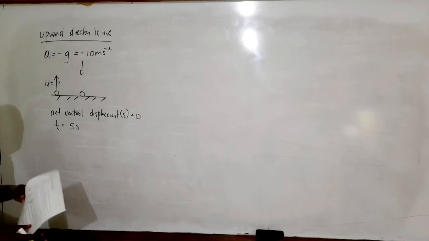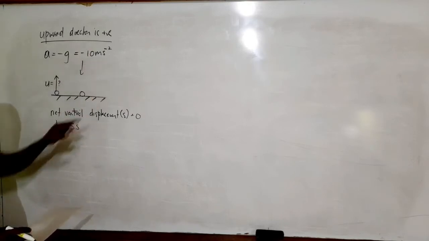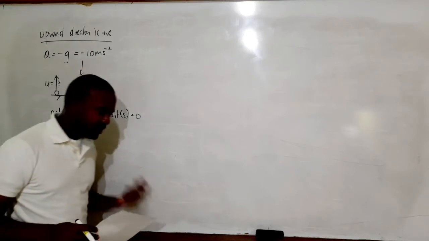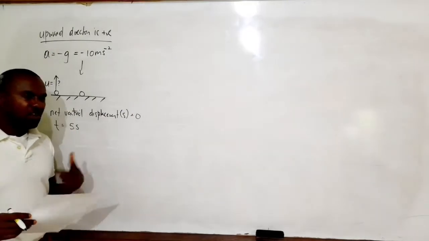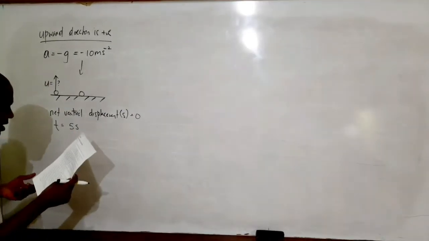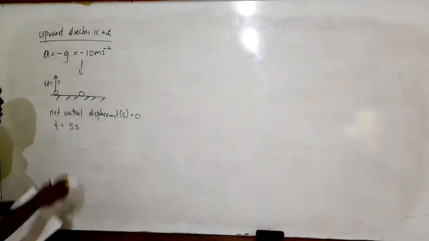So basically what we have is the acceleration a equals minus g equals minus 10. We have the net vertical displacement s equals 0 because we assume that the stone returns to its initial level of projection, and it does so in a time of 5 seconds. And what do we wish to find? We want to find the initial velocity u.